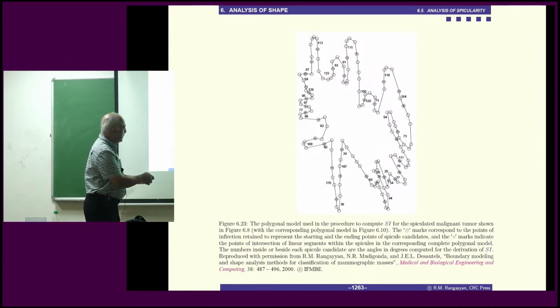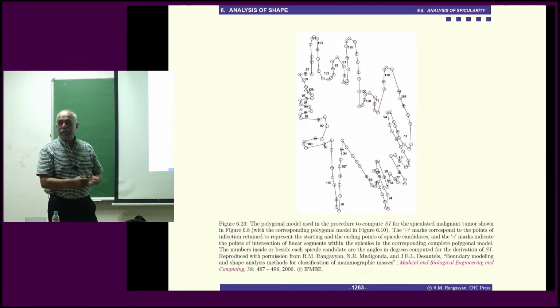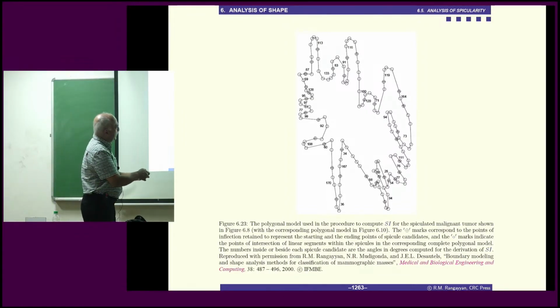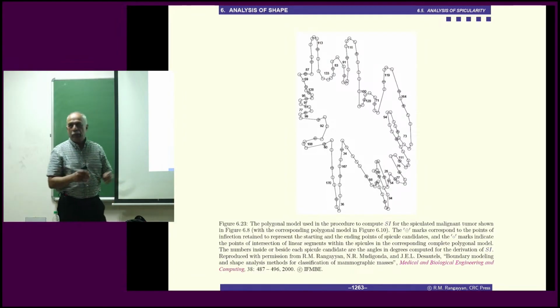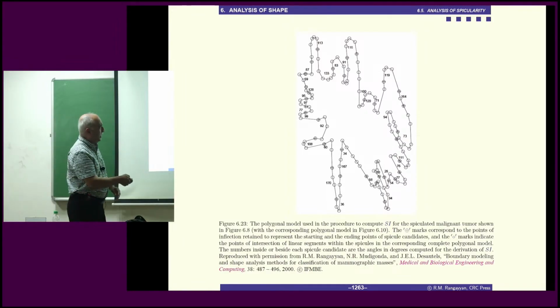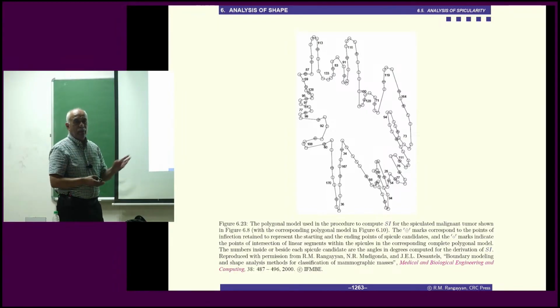There are 1, 2, 3, 4, 5 segments. So which angle do you take? That is another question that comes up. In the case of this, which is not exactly a spicule, the internal angle here is 170 degrees. So that's almost a straight line. Then we will put them all as spicules because we don't know which one. We could reject some of these, but we said, well, if the angle is so large, the weight will be low.